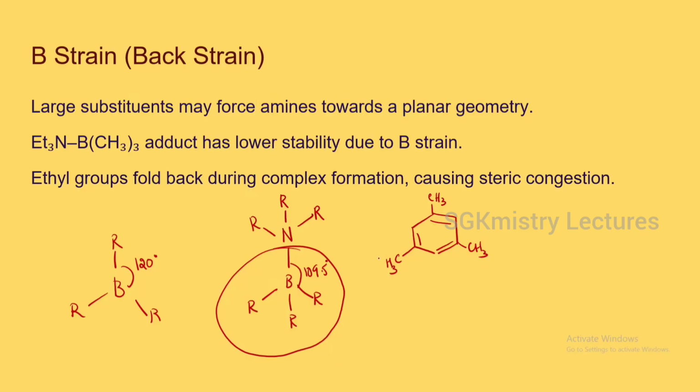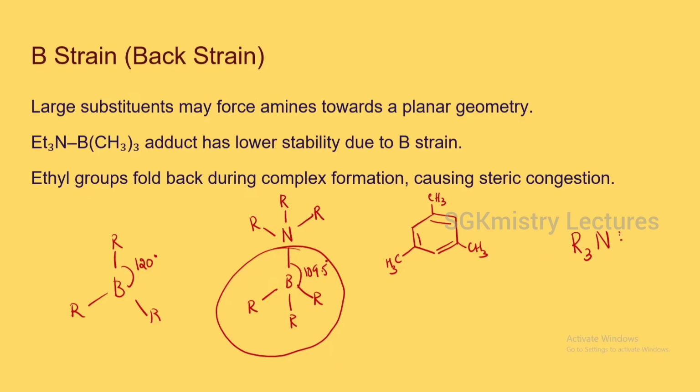Now talking about the amines, B strain mainly results from the structural necessity at the nitrogen, which carries very large substituents. In amines, we know that R3N is sp3 hybridized and tetrahedral in nature, of course with one orbital holding the lone pair of electrons.